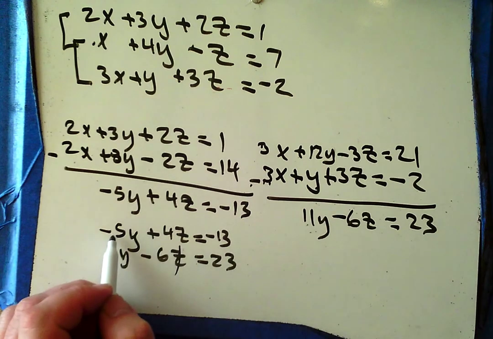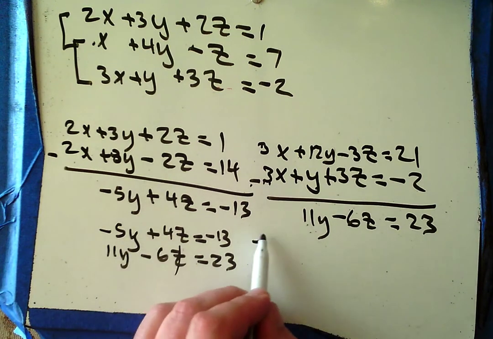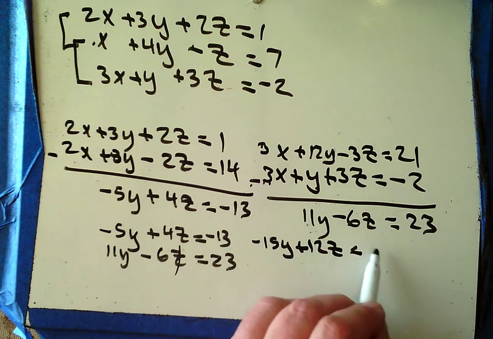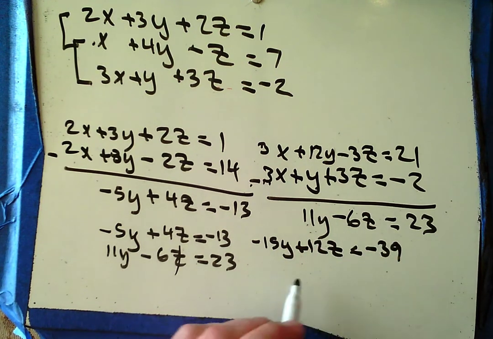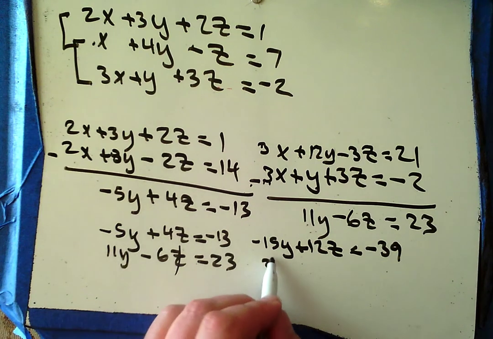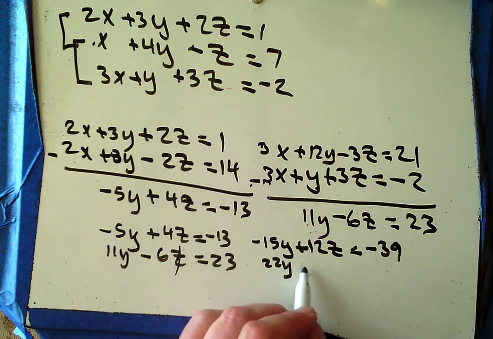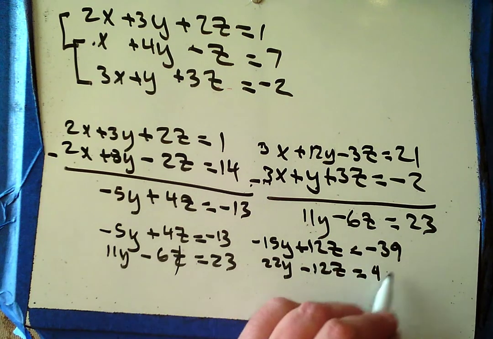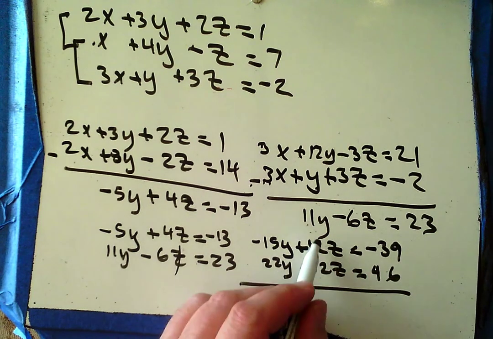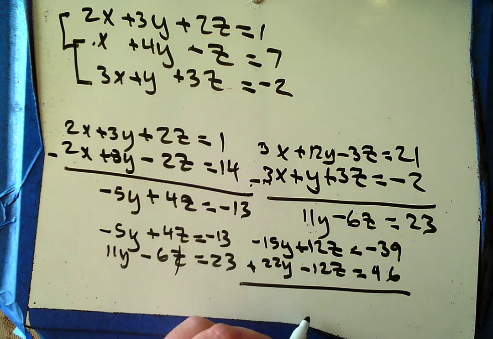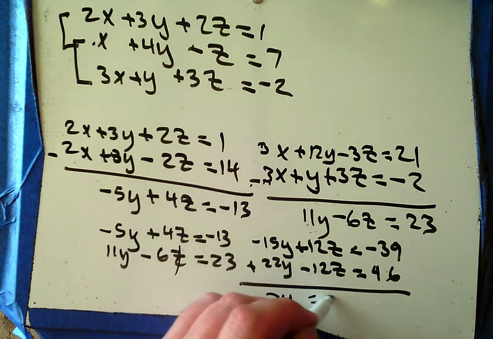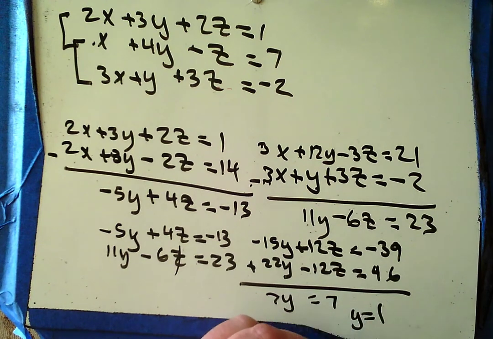So top row by 3 is negative 15y plus 12z equals negative 39. And bottom row by 2, 22y minus 12z equals 46. And because these are opposites, all I have to do is add these equations. I get 7y equals 7, or y equals 1.